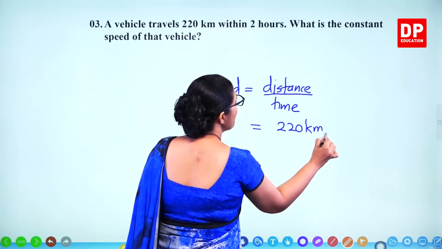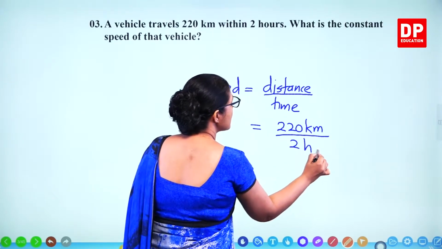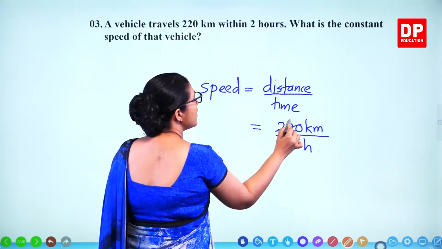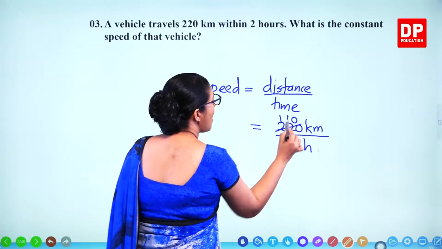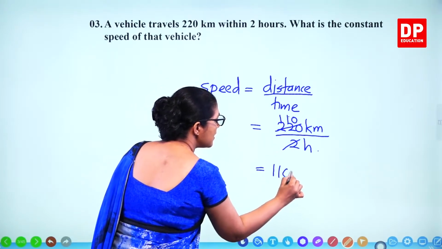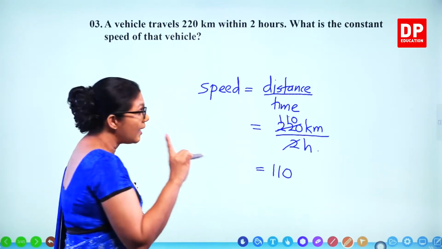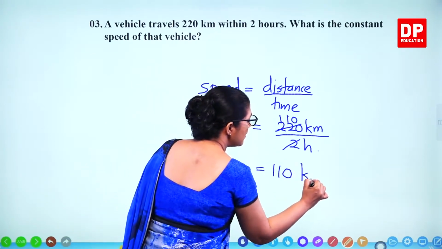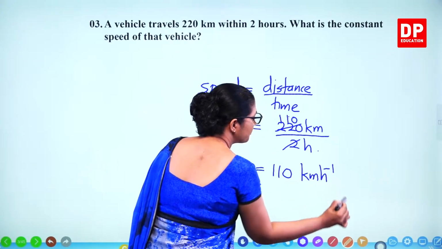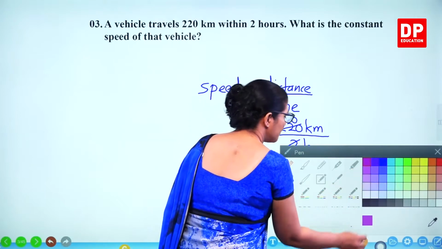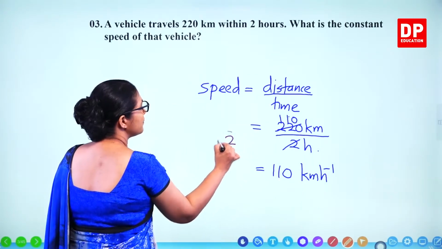What's the time? 2 hours. So when you divide, you get 110. And what's the unit? Kilometers per hour. 2 marks for that.